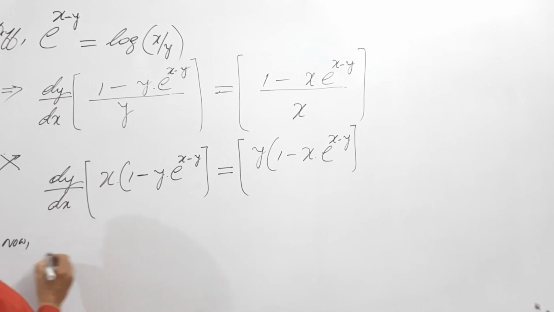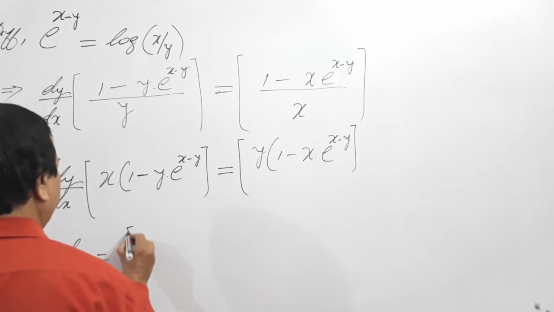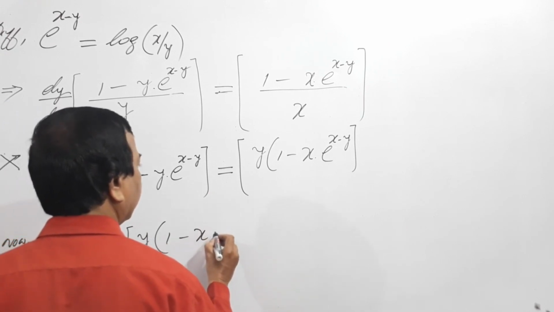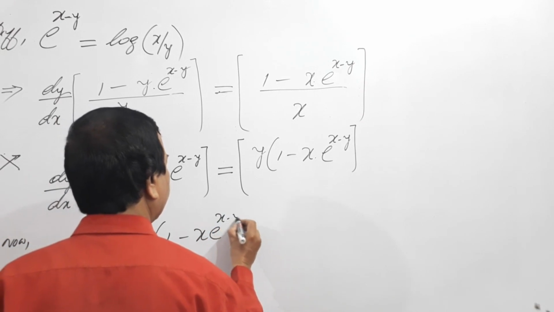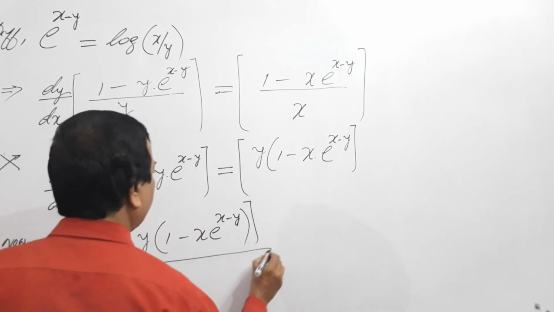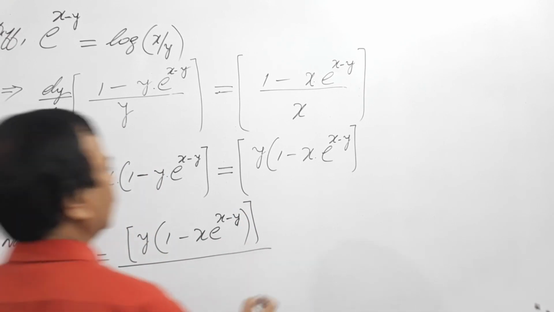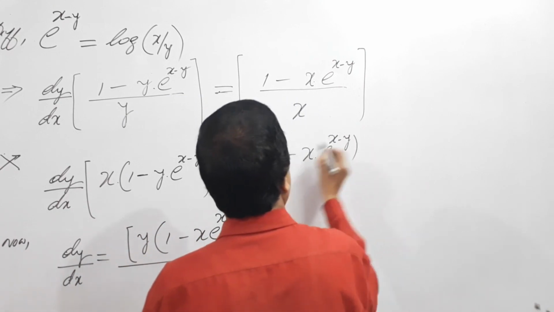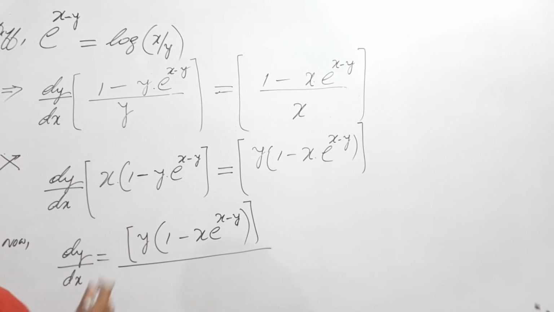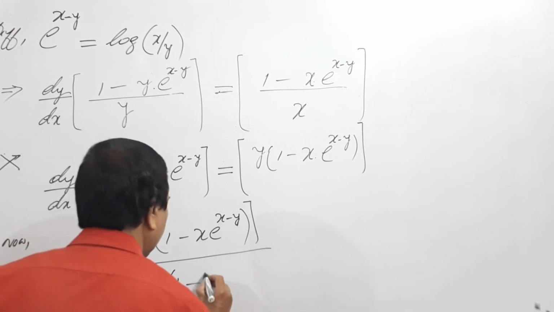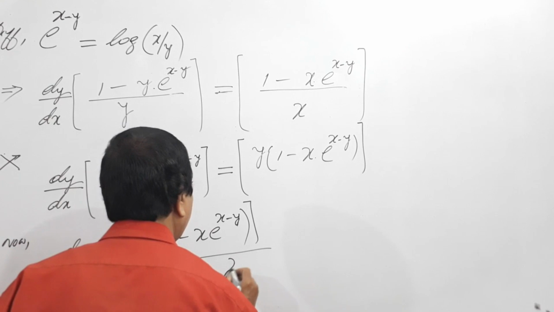Now dy by dx equals to, right hand side we have what? y into 1 minus x into e to the power of x minus y, divided by x into 1 minus y into e to the power of x minus y.